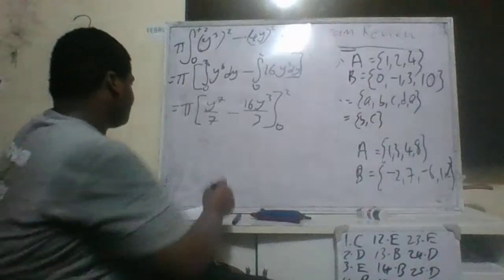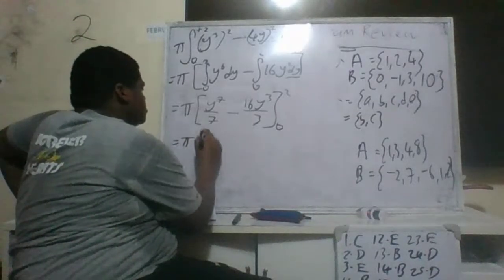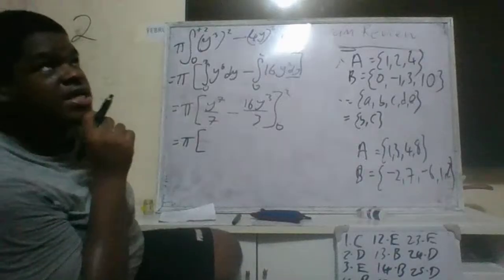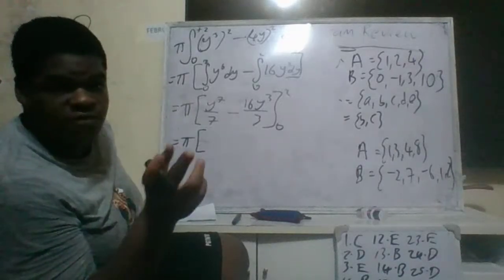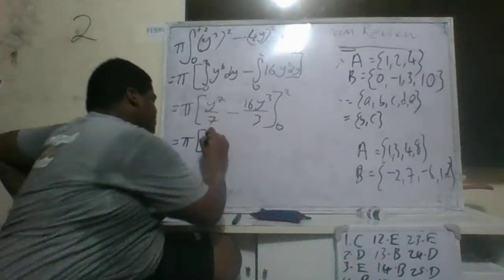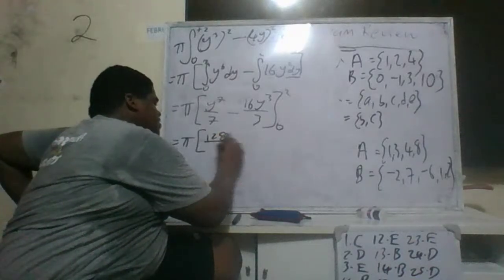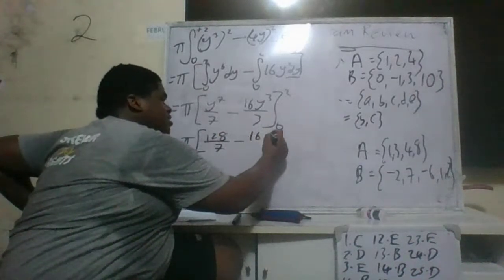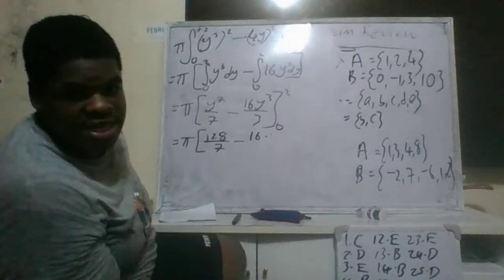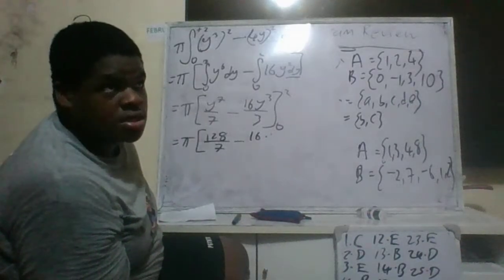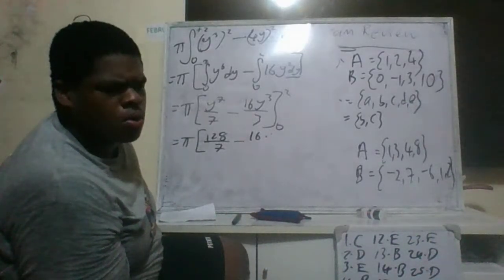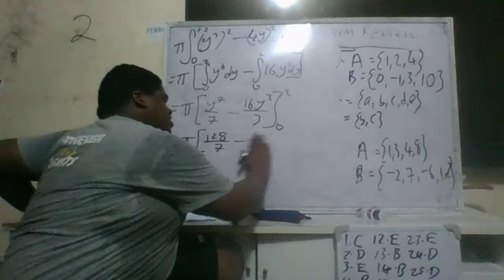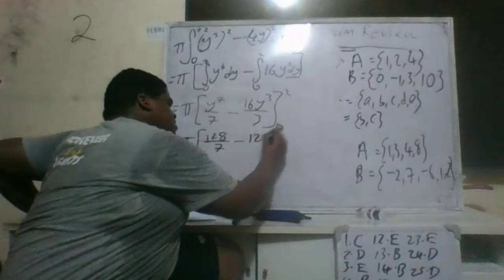When y is equal to 2, this will be equal to pi times 2 to the power of 7. 2 to the power of 6 is 64, so 2 to the power of 7 is 128. This is 128 divided by 7 minus 16 times 2 to the power of 3. 2 to the power of 3 is 8, and 8 times 16 is 128. So this is 128 again, divided by 3.